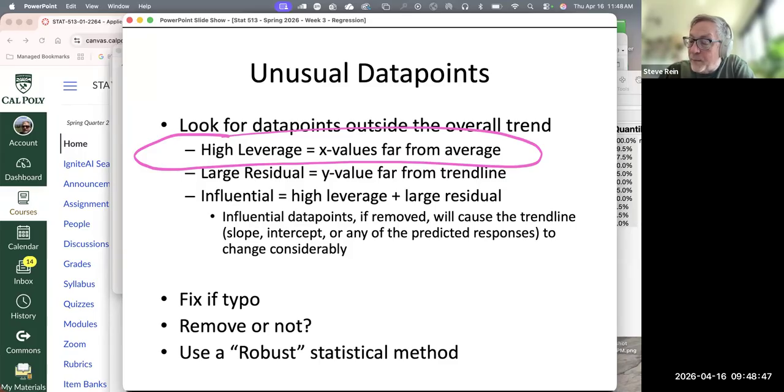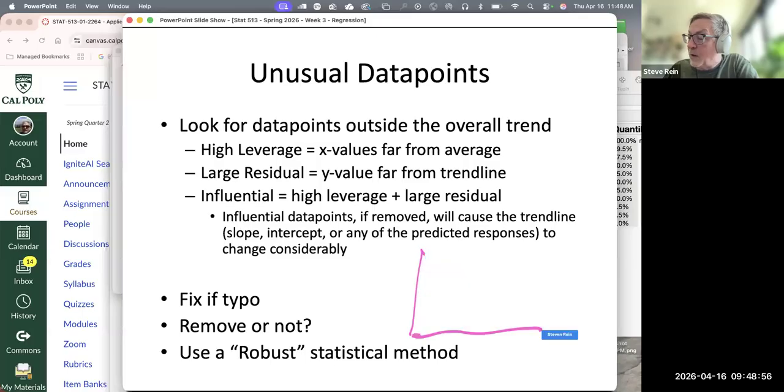I'm going to draw 3 separate graphs down here in the lower right corner. For high leverage, if the bulk of your data points are in that range of X values, anything dramatically outside that range is going to be high leverage. Notice that its X value is well above the average X value.